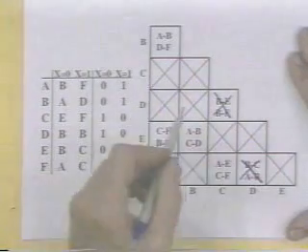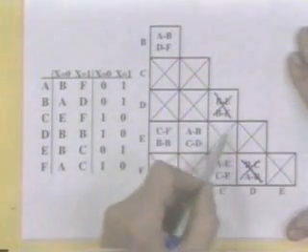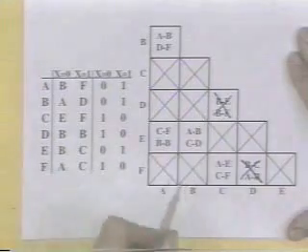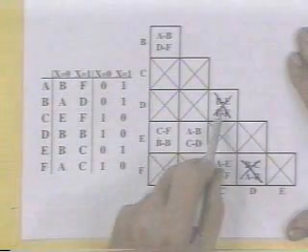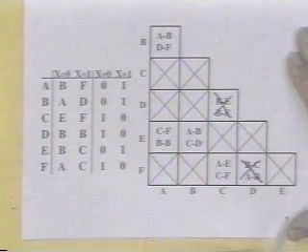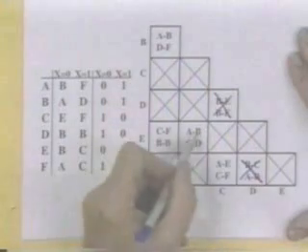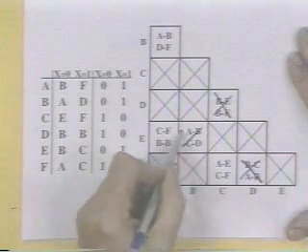Since we eliminated some states during the second pass, we have to do a third pass. We crossed out CD, and CD appears here, so we cross out this square.